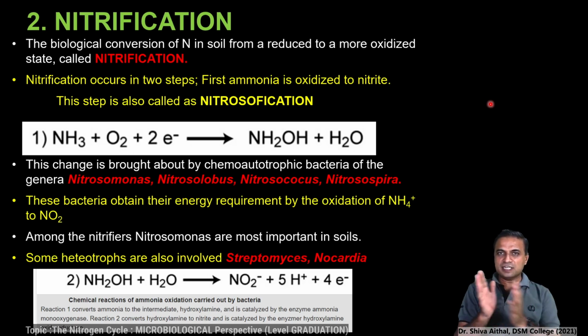In the reduced state it was combining with hydrogen; in a more oxidized state it will be combining with oxygen. Nitrification occurs in two steps. First, ammonia is oxidized to nitrite. This step is also called nitrosification.